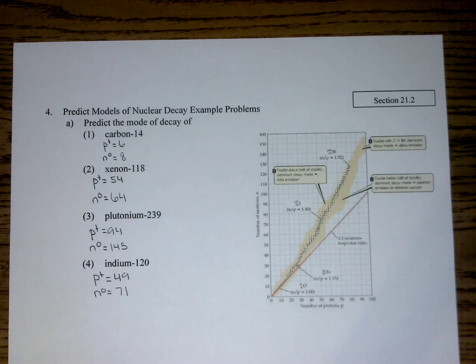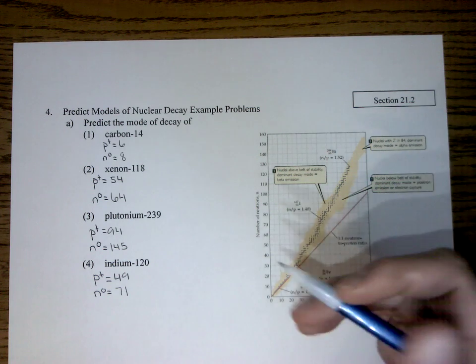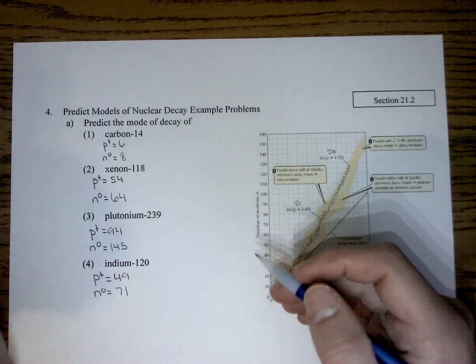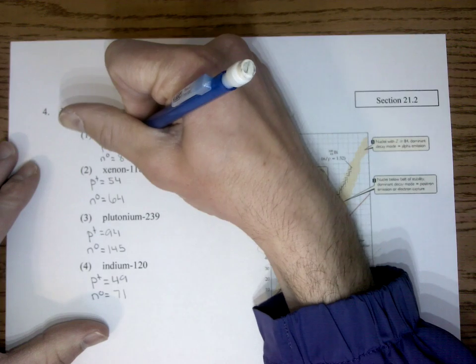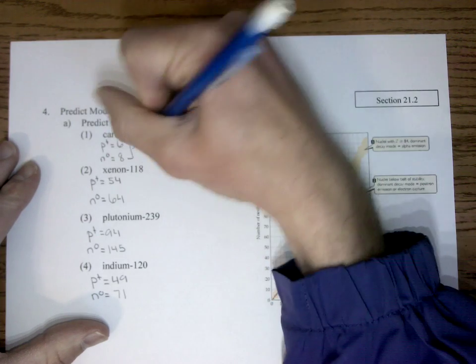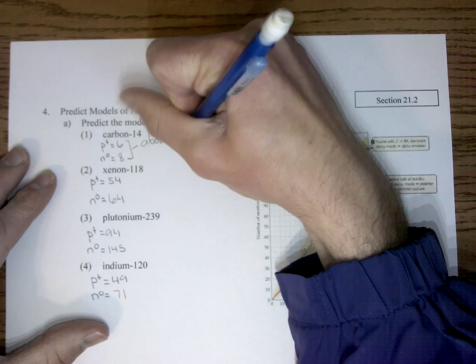Okay, so the important thing here is we have our number of protons and our number of neutrons. Now, again, you could look at this chart more in depth, but what I'm going to say about these is either they're above or below the belt of stability. So carbon-14 here, based on this ratio, is above the belt.